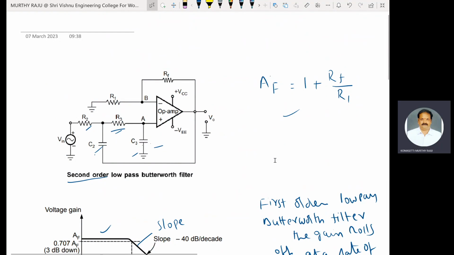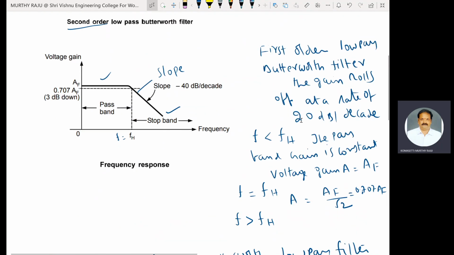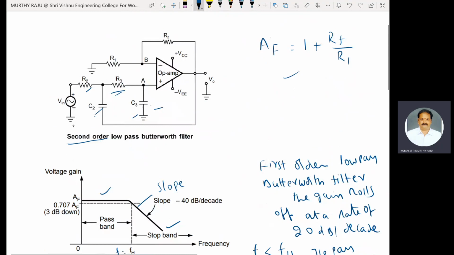Now I will concentrate on analysis of the filter circuit. Determine the cutoff frequency of this filter circuit. Consider this portion: Vin, R2, C2, R3, C3. Find out A by using this network. One end of C2 is connected to here. Another end of C2 is connected to V0.